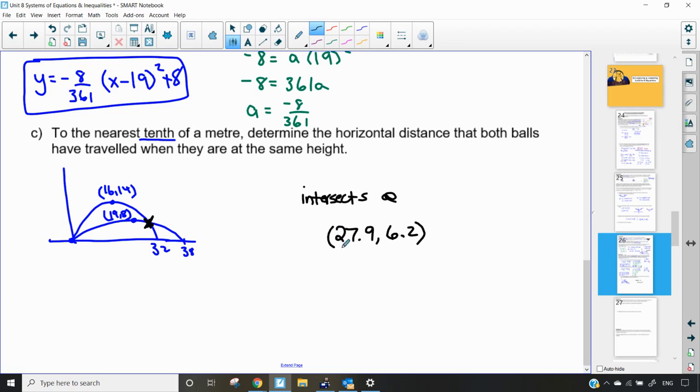Now those are just coordinates on a graph. We need to actually interpret what those mean. Going back to our question, we're asked to determine the horizontal distance that both balls have traveled. Well, we know that x represents horizontal distance and y represents the vertical distance. So 27.9 meters from where they were kicked is where they're going to intersect.